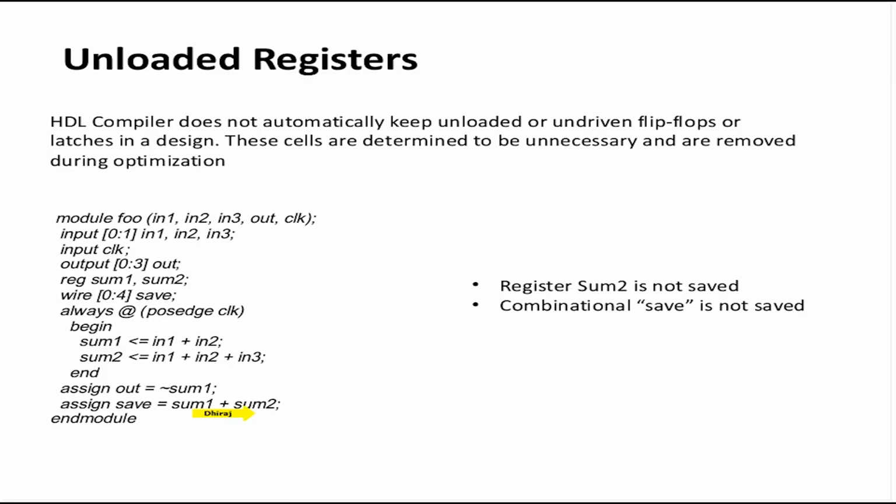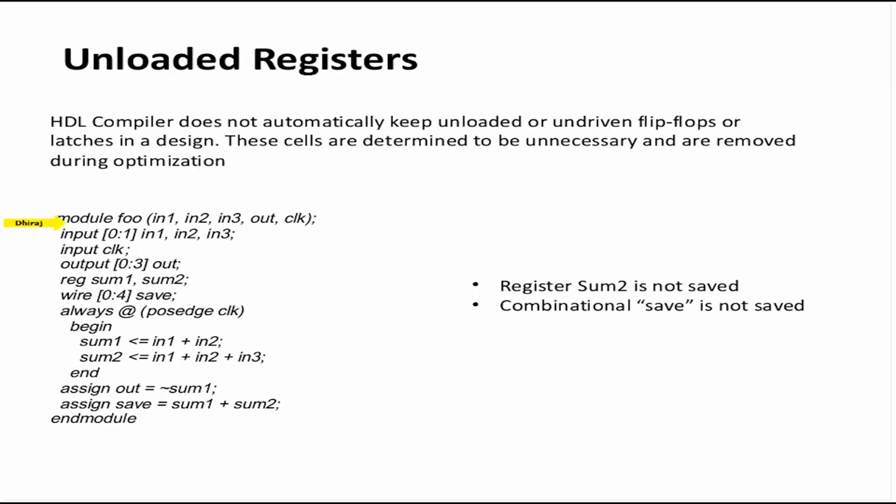But is save an output? Is save feeding any output? No. There is only one output, out, and out gets sum1. What about sum2? Sum2 is in no way affecting any output. Although you have a wire, this wire doesn't go anywhere. You assign save to something, but save is not going to the module boundary.